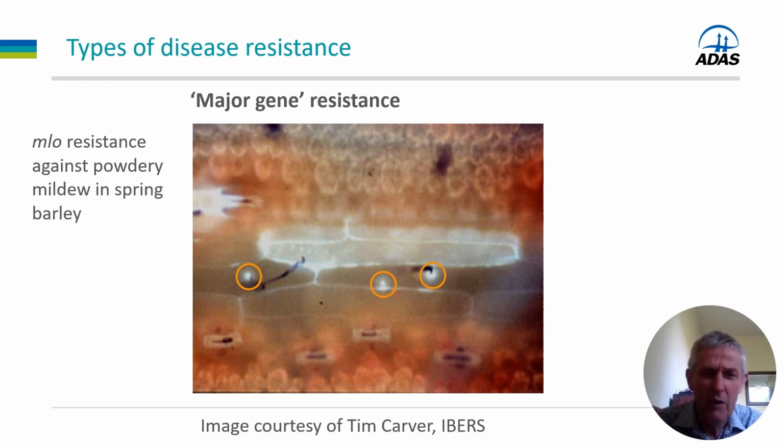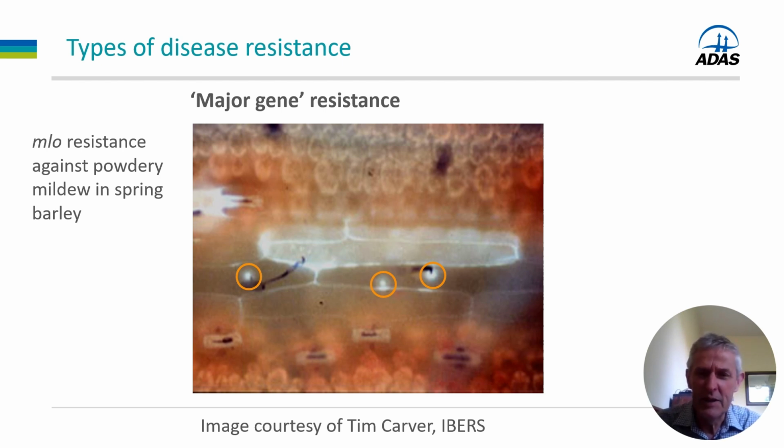So in the orange circles we can see some white blobs, and those white blobs represent where a powdery mildew spore has landed and tried to infect, and the plant cell has responded very quickly and put up a physical barrier by thickening the cell wall to prevent that infection. The thickening of the cell wall is shown up in those little white blobs.